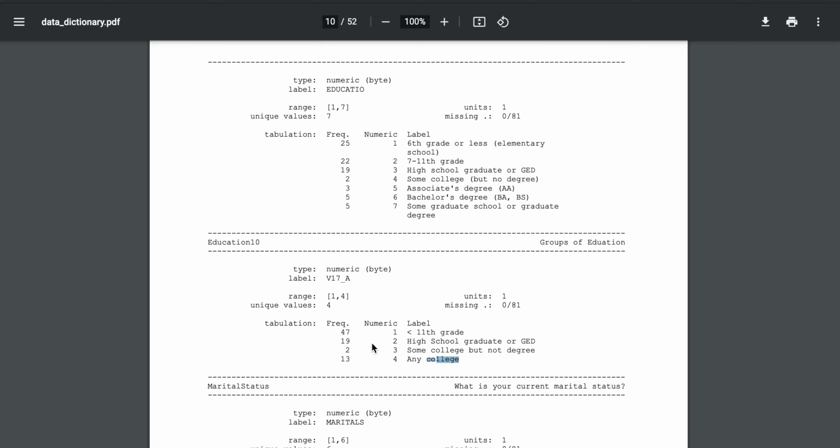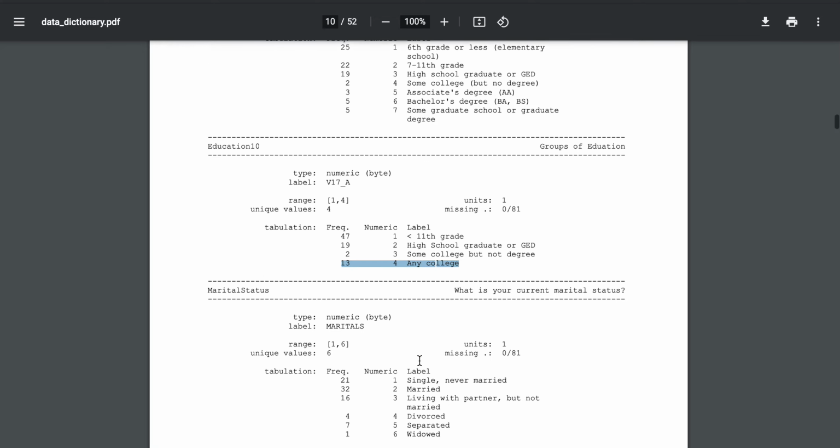As a rule of thumb, it's preferable to have more balance, because imagine in the extreme case where all of them have any college. Then there is no variability. It's a constant predictor. There is no information in it.